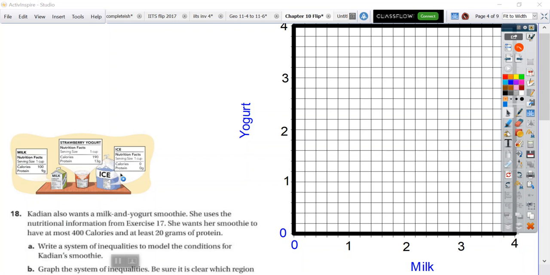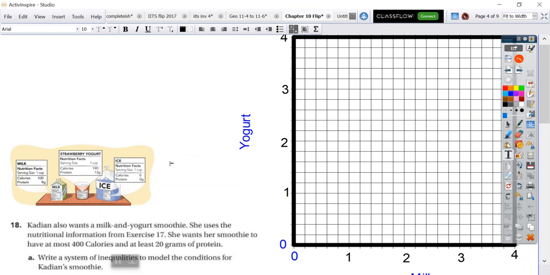Okay, so we can disregard the ice because it doesn't add calories and it doesn't add any protein. So we're just looking at milk and strawberry yogurt. Now, I'm going to say M is equal to 1 cup of milk.